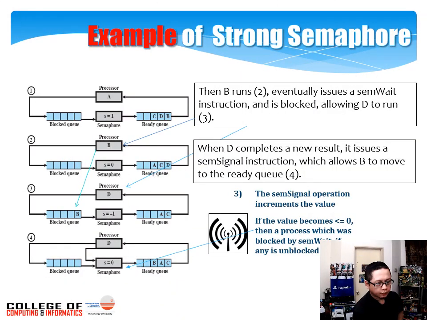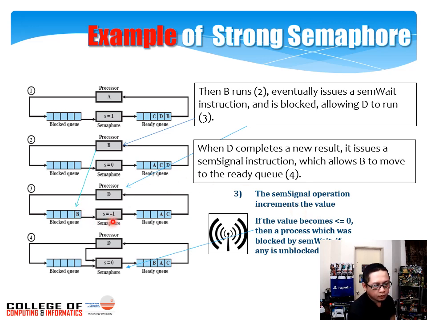Next, after B is blocked, remember the earlier condition that A, B, and C are waiting for a result from D. Let's say D has finished doing all its instructions. Once finished, D will issue a SEM signal. So what happens during a SEM signal? Remember again, the SEM signal operation increments the value.